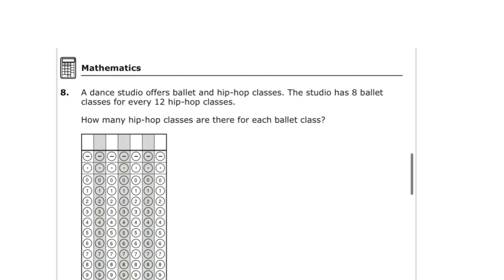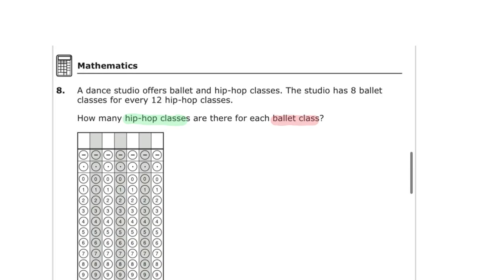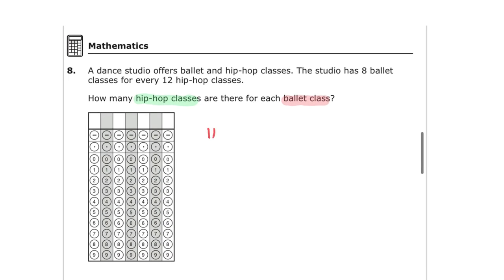So for my student watching, I would just recognize that we're trying to compare hip hop classes to ballet classes, right? And I would put the hip hop on top. I'll keep it in green. Hip hop is going to go on top. I'm basically going to set up like a proportion, I think. So, hip hop goes on top, ballet on the bottom.